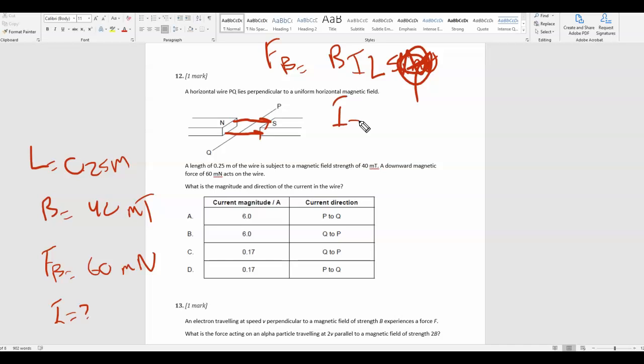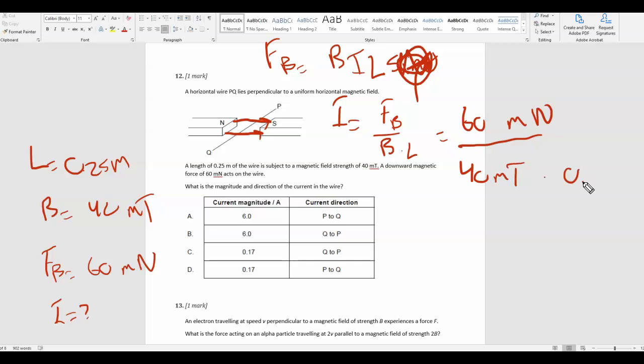You rearrange this equation, you get I equals FB divided by B times L, so that would be 60 millinewtons divided by 40 millitesla times 0.25.